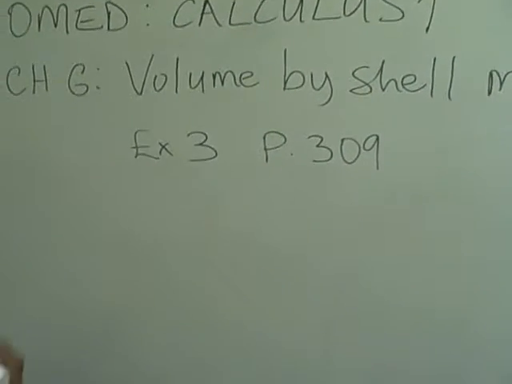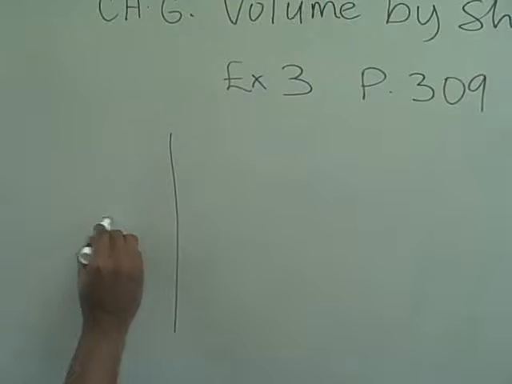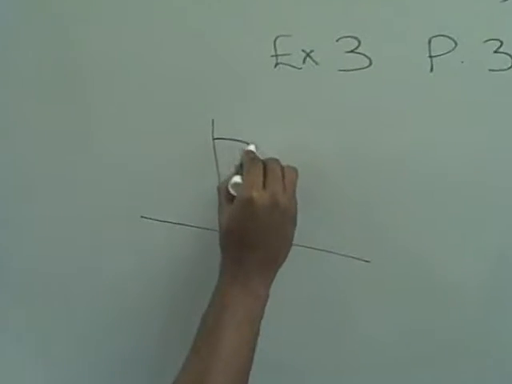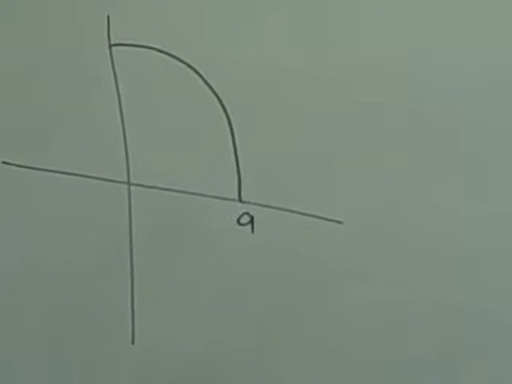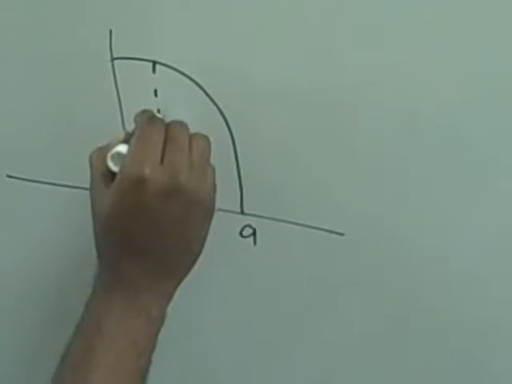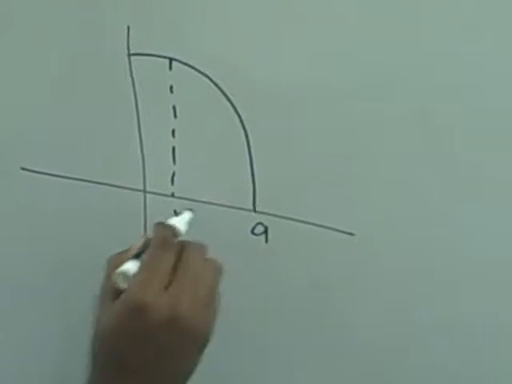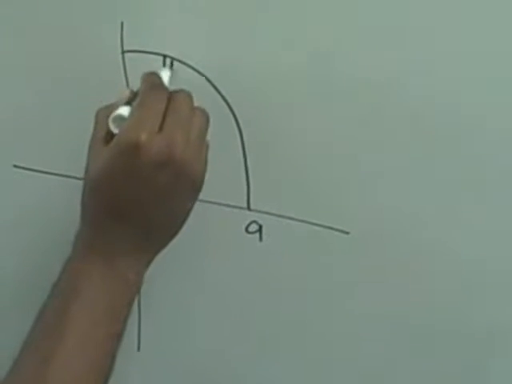So basically you have a half circle, or a semicircle, with radius a, and then you drill a hole of radius r, so this is r, and it wants you to find this region.